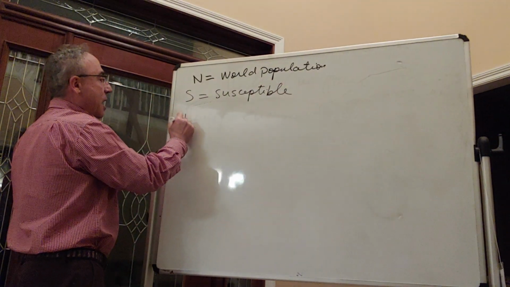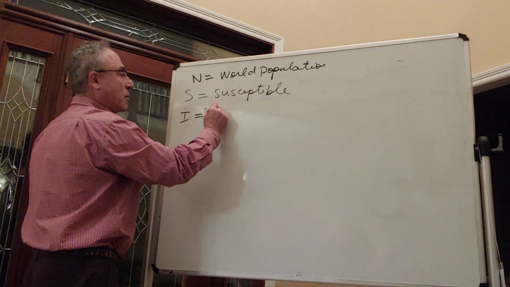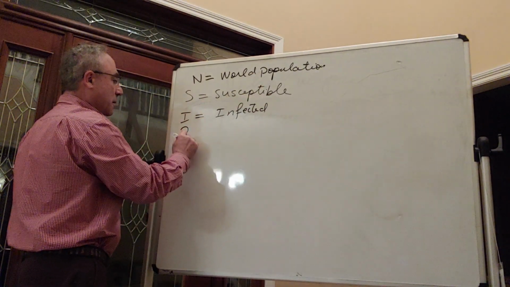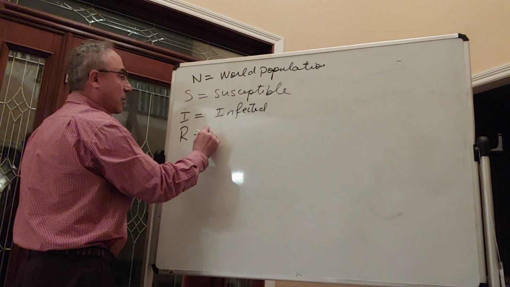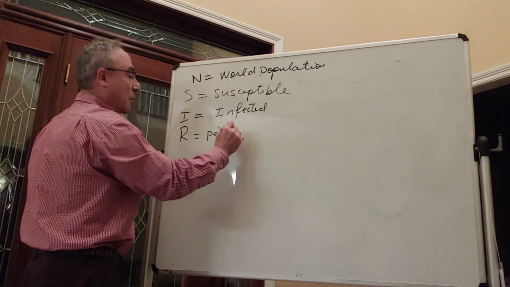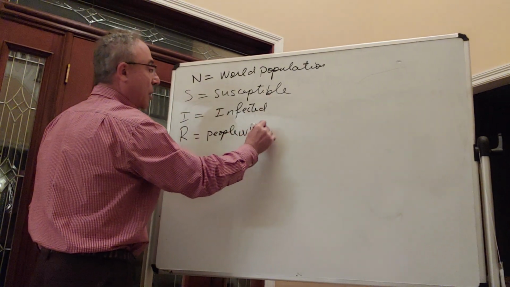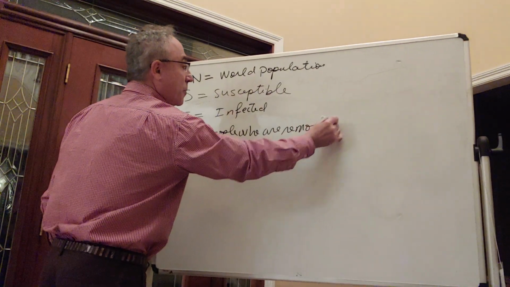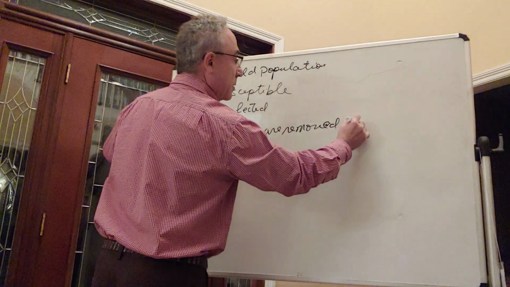I is people who are going to get infected, and R is people who are removed from the population.